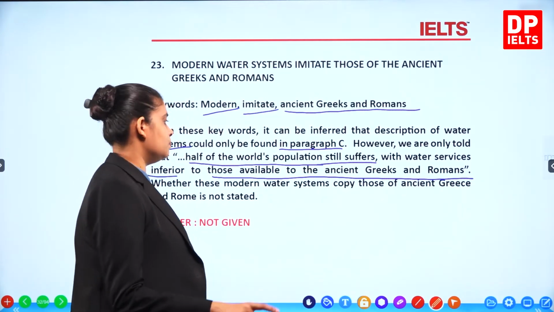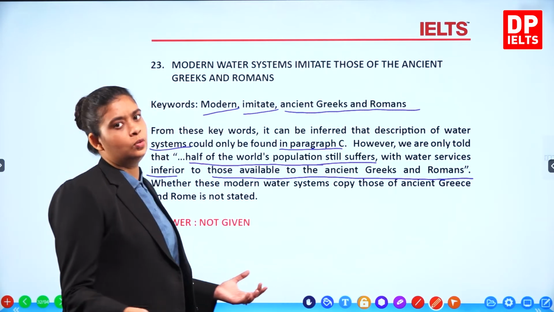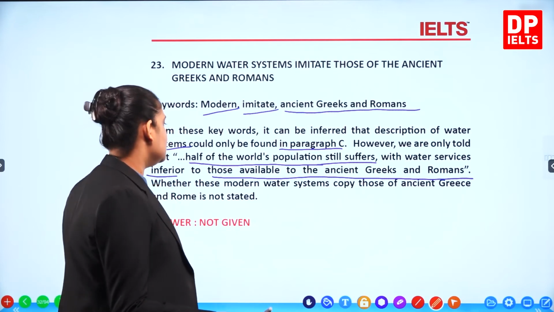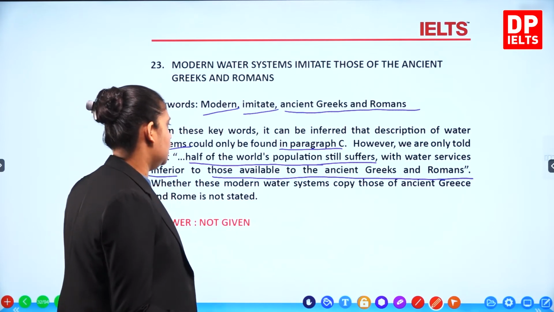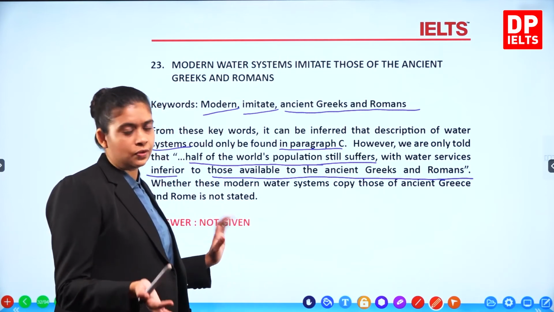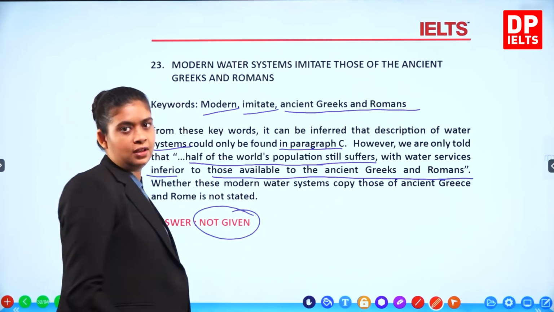Whether these modern systems copy those of the ancients, we don't know. They don't tell us that. They say those available to ancient Greeks, but we don't know if it was a copy or not. So, I would say the answer is not given.